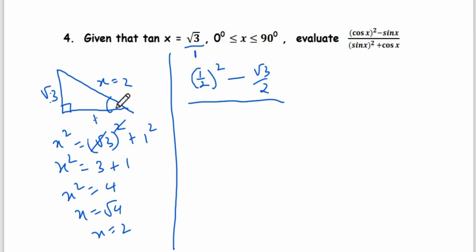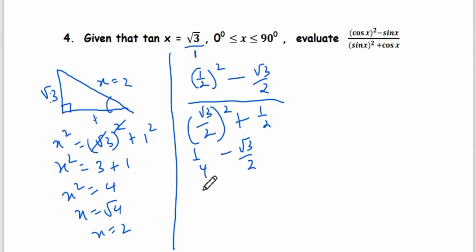Sin is opposite over hypotenuse, that's root 3 over 2 squared, plus cos x, which is adjacent over hypotenuse, that's 1 over 2. So this becomes 1 over 2 squared is 1 over 4, minus root 3 over 2, divided by root 3 over 2 squared. This square will cancel this root, that's 3 over 4 plus 1 over 2.